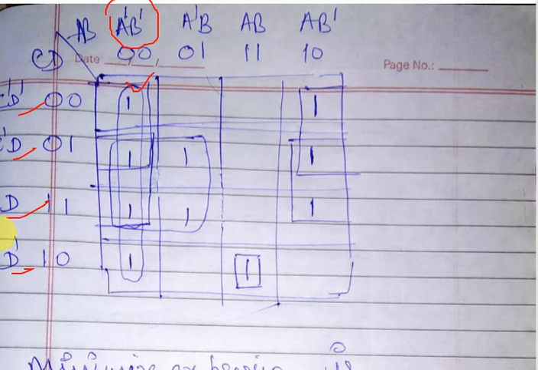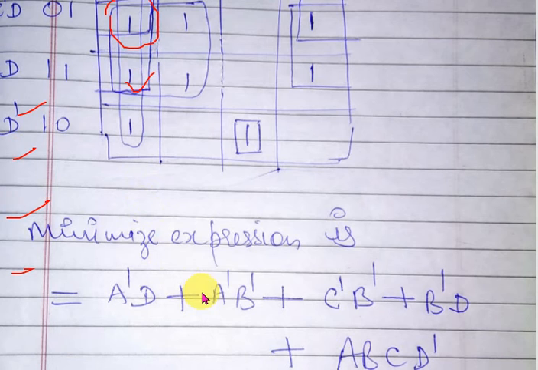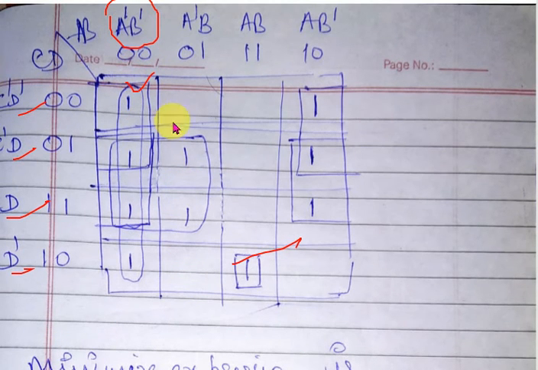Here C and D are the variables which occur in itself and complemented form. So its minimal term is A dash B dash. We will neglect C and D because they occur in itself and complemented form.